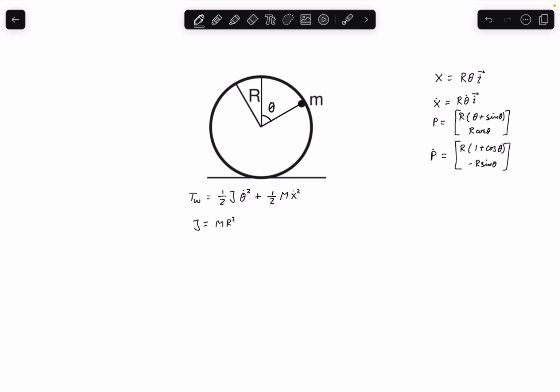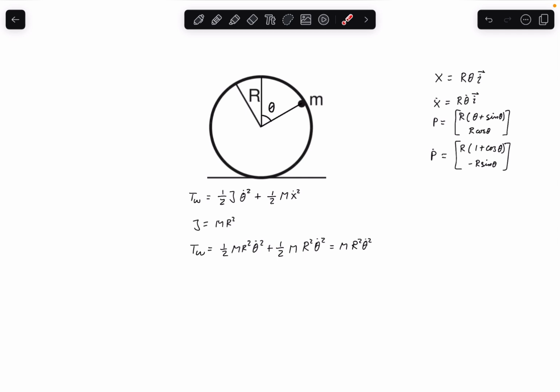So if we rewrite the kinetic energy of the wheel, we get 1/2 times M r squared multiplied by theta dot squared, plus 1/2 M. And then if we remember, x dot is equal to r theta dot, so we have r squared theta dot squared. So this is just equal to M r squared theta dot squared.